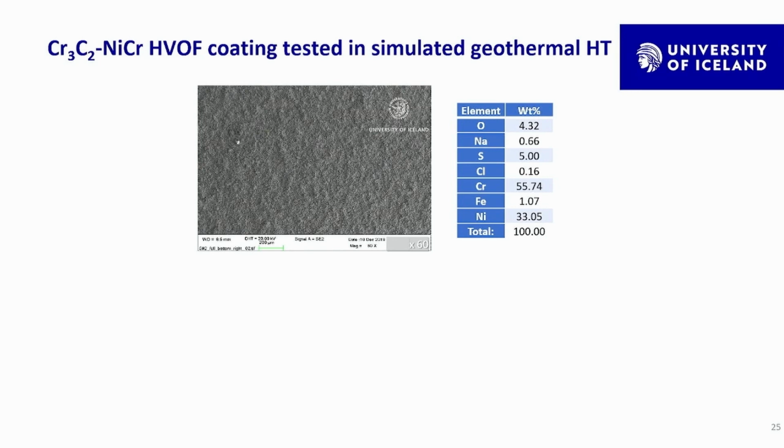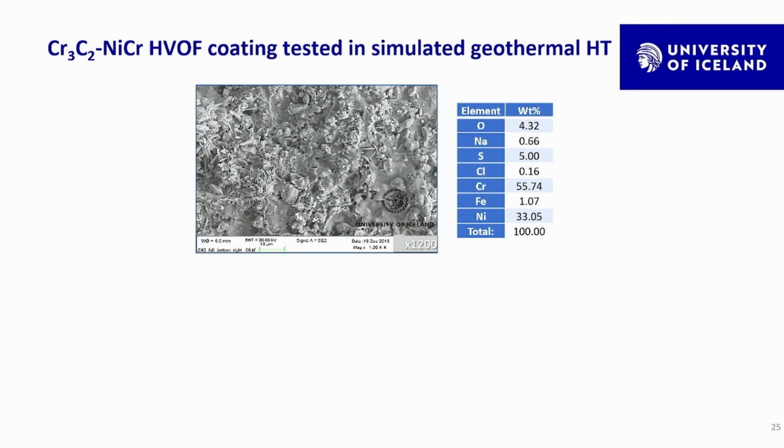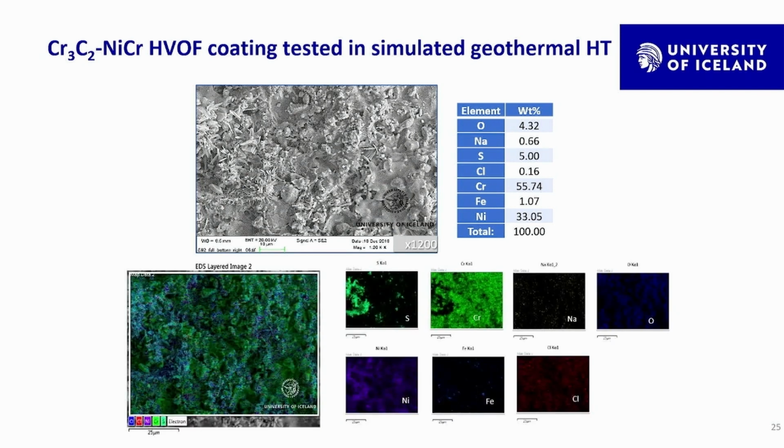For the cermet coating, we did detect more nickel sulfide corrosion products at the surface. It also has more porosity. You can see the crystals forming here, being nickel sulfides, as we could see from the elemental analysis.